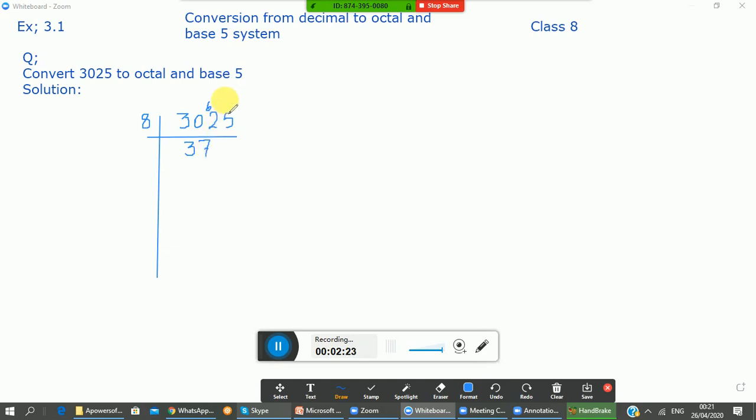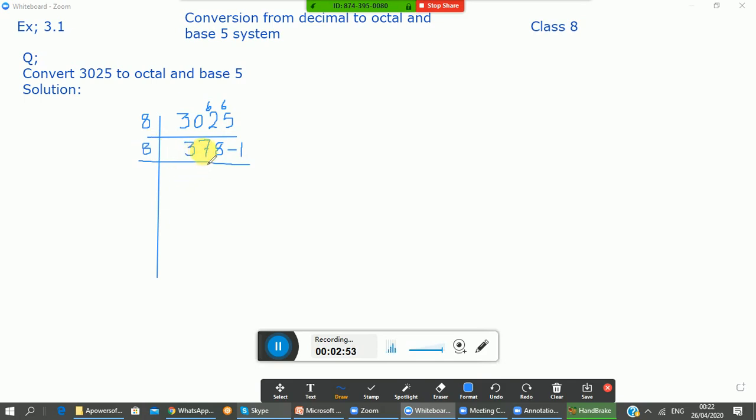Again 6 remaining. So it becomes 65. So 8 8s are 64. So what is remainder? Remainder is 1. Dividing again with the table of 8.